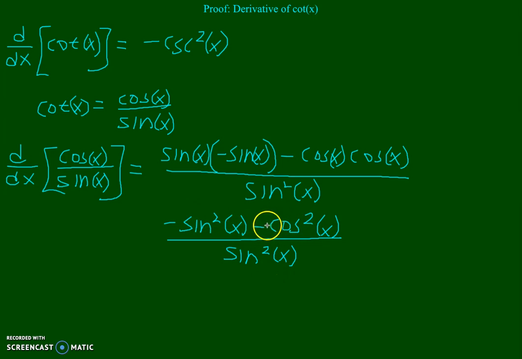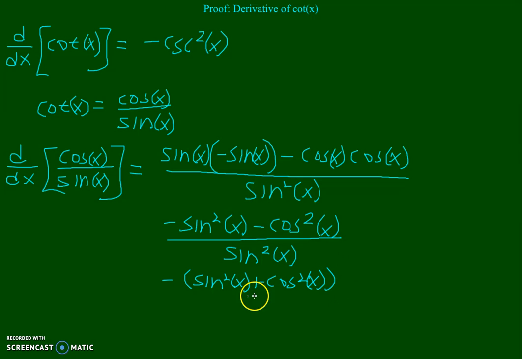Now, you might be able to see it, but just in case you don't, let's go ahead and factor out a negative 1. So this is negative sine squared x plus cos squared x.